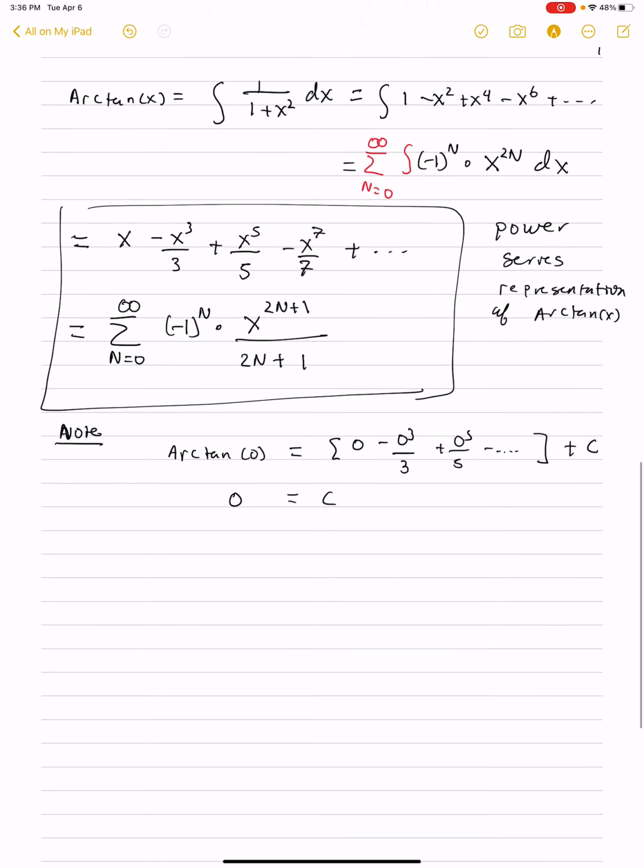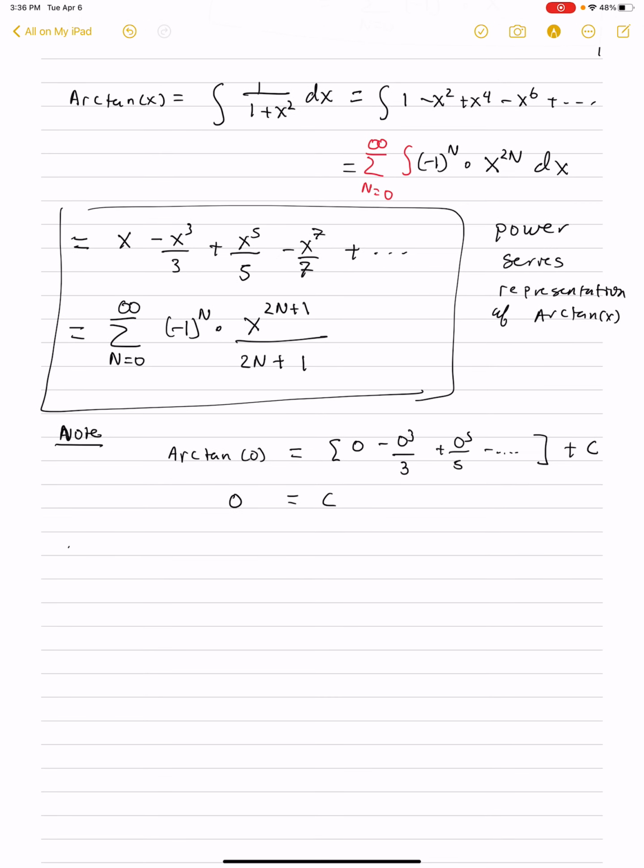Now let's move on to question 2. When can we use the power series representation?